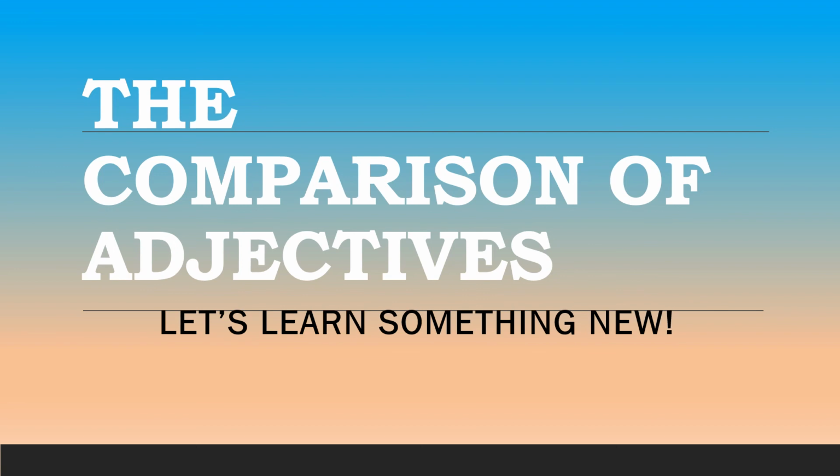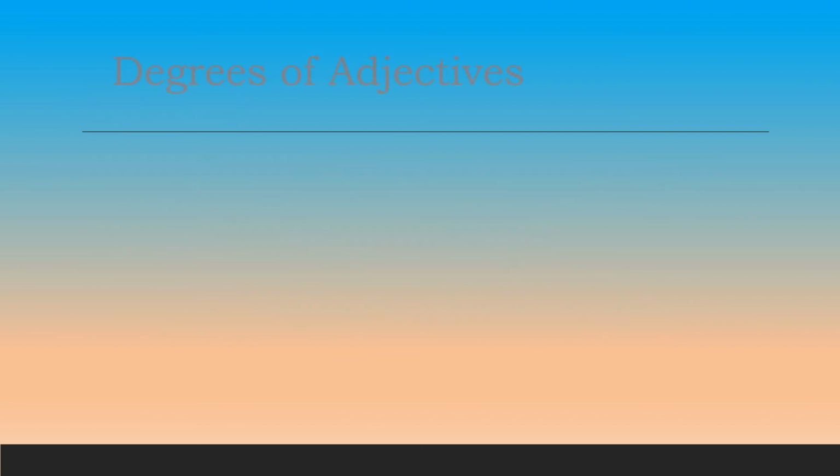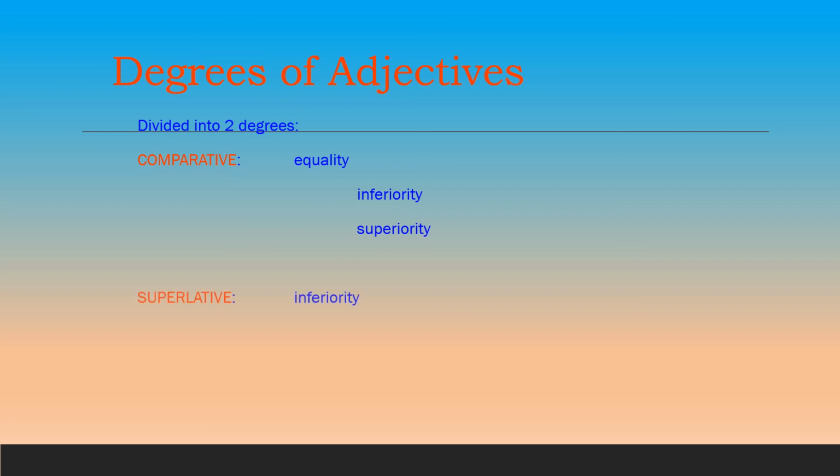Okay, so let's talk about the comparison of adjectives and let's learn something new. Let's talk about the degrees of adjectives. They're divided into two degrees: comparatives and superlatives, each with equality, inferiority, or superiority.